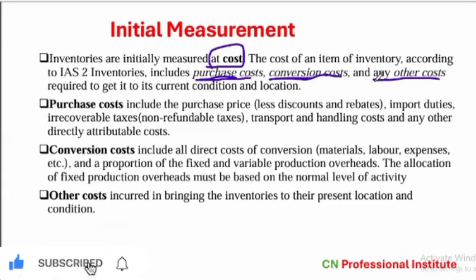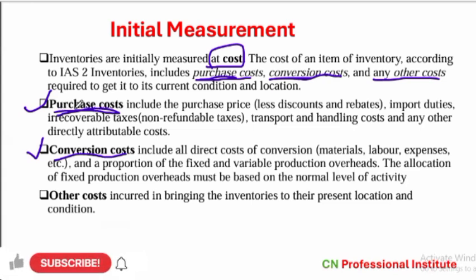So an entity that sells, let's say, bread, can decide to buy the bread and sell, or they can make the bread themselves, get their flour, get their salt, all the ingredients, and produce it themselves. If the inventories are purchased, then their cost will be the purchase cost. If they are manufactured, then the cost will be the conversion cost. So let's look at where inventory is purchased.